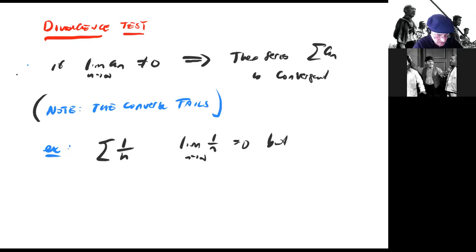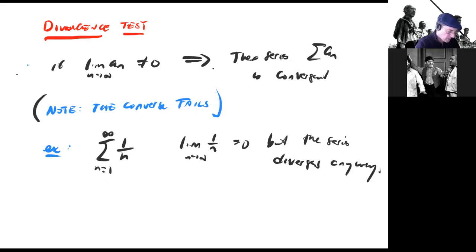But the series diverges anyway. So this test does not help us here, right? Because even though the limit is 0, the test doesn't say anything about the series.